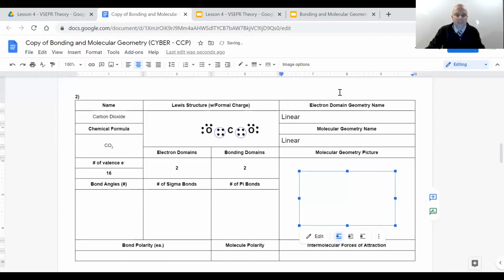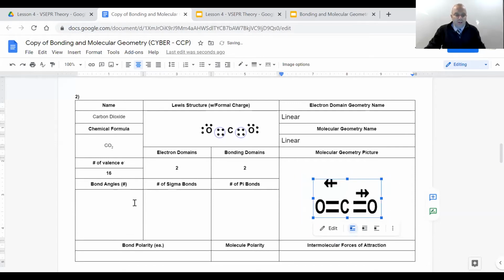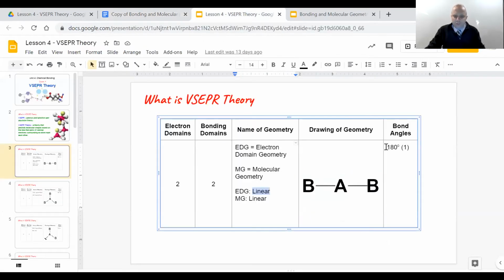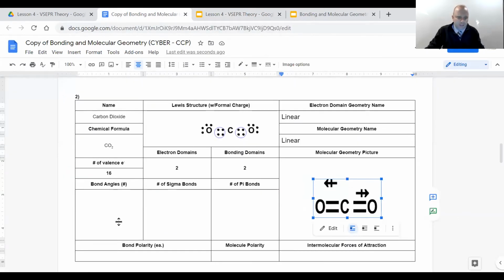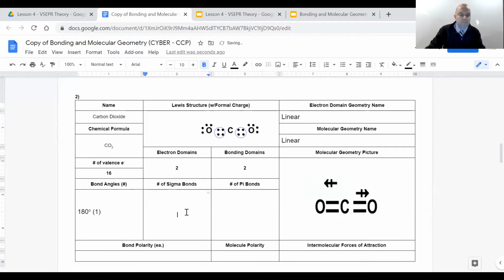So the one thing that I want to remind everyone of is, well, first of all, the bond angle. So we have a 180-degree bond angle here. So we could copy and paste that right in. When we're talking about single bonds and double bonds, we have one of each, 1 sigma and 1 pi. So every bond starts off with a sigma bond.